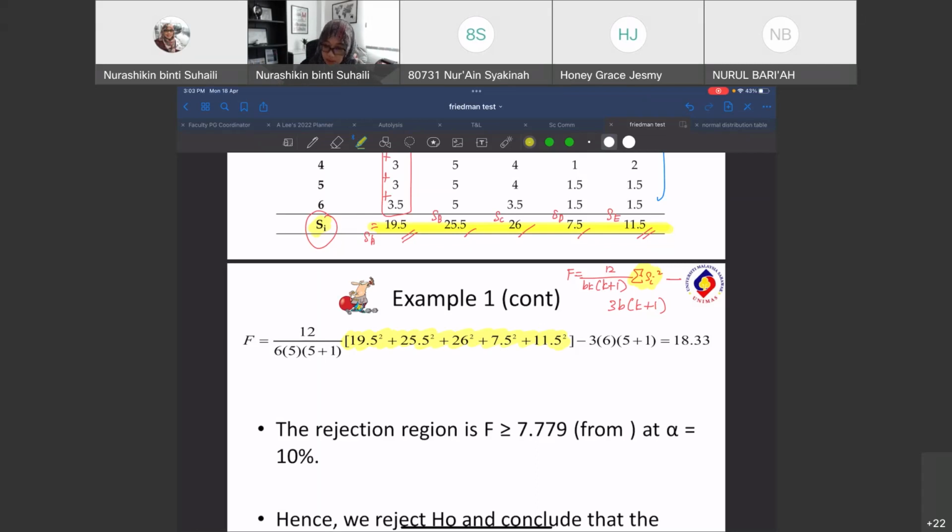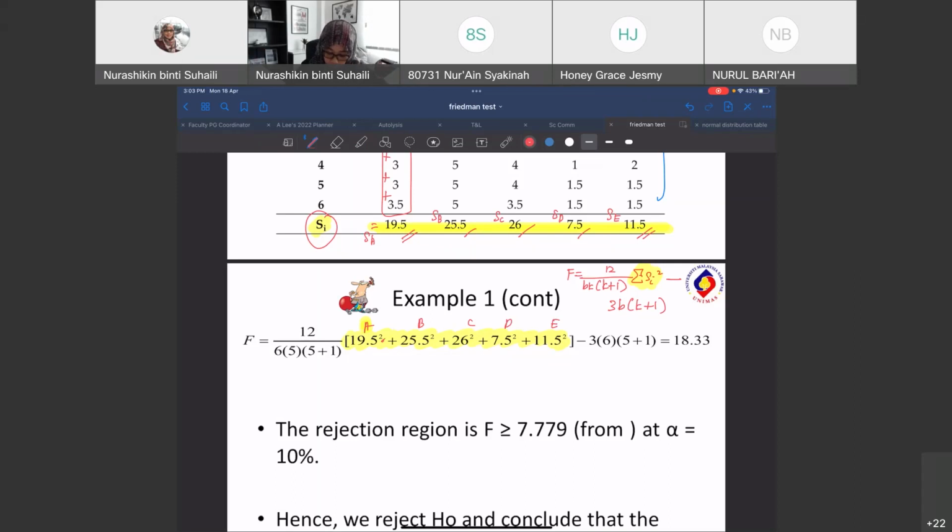Okay, so here we have 19.5, 25.5, 26, 7.5, 11.5. So those are the SI, isn't it? So this is A, B, C, D, and E. Okay, but it must be squared. So yeah, so that's the square value.